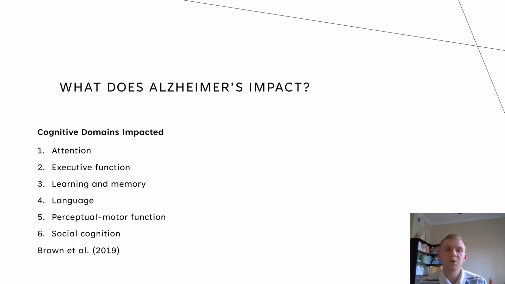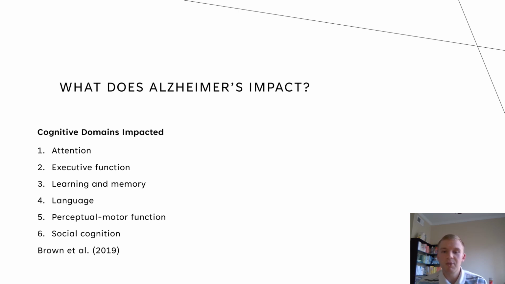Oftentimes, individuals report more difficulty paying attention to things, especially over a prolonged period of time. Second is executive function. This is a fancy way of saying the way that you make educated decisions.